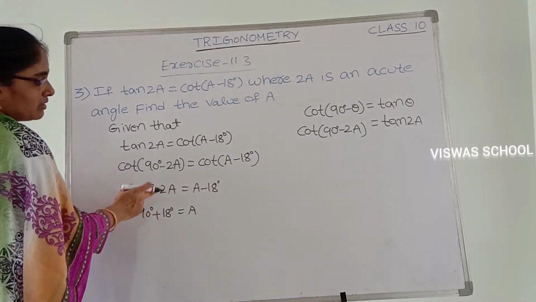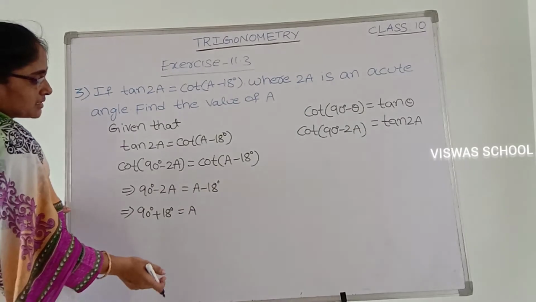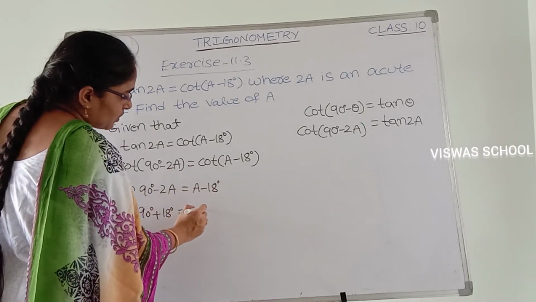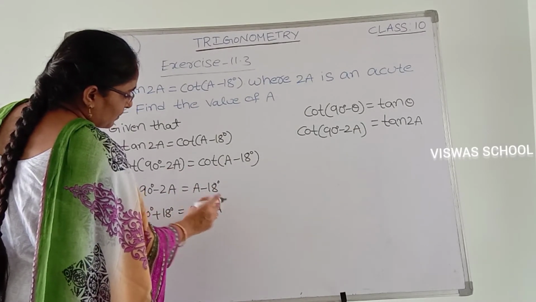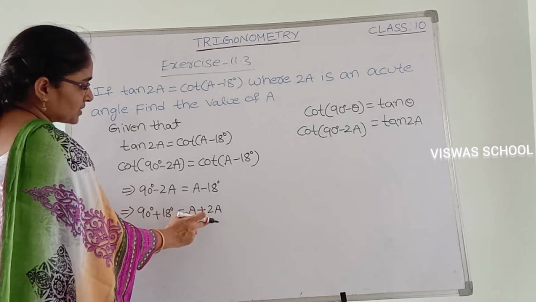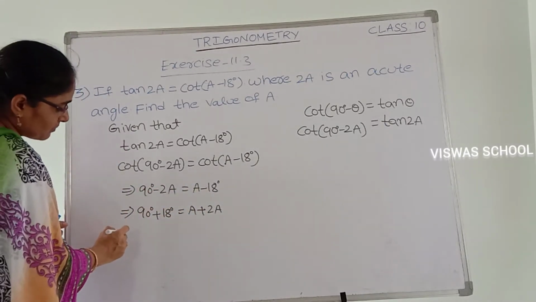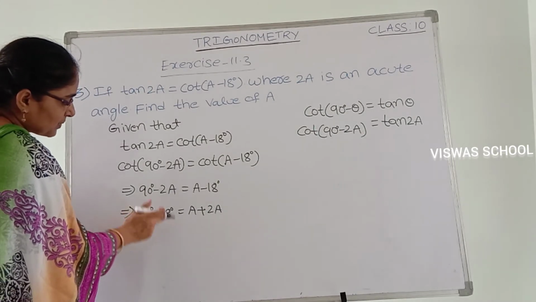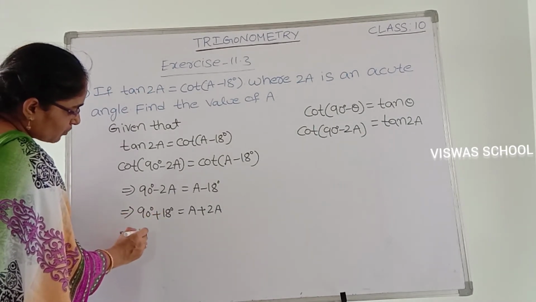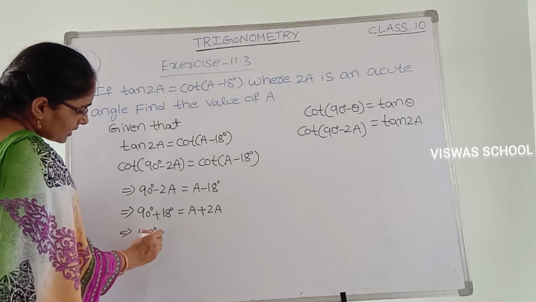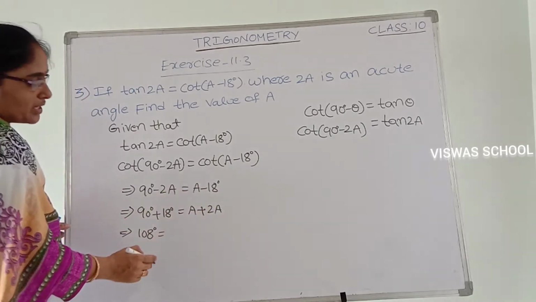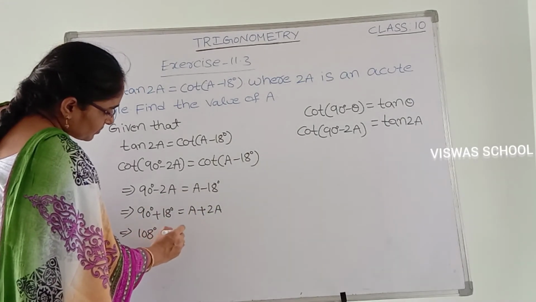Write this into the RHS part. Now it changes to plus 2a. Minus 2a is changed to plus 2a. Minus 18 is changed to plus 18 degrees. Now 90 plus 18 is equal to 108 degrees. It is equal to a plus 2a, that is 3a.